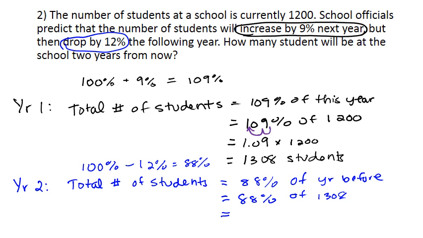88%, we're going to write it as a decimal by dividing by 100. So we move the decimal over twice and we get 0.88 times 1,308. So we're going to multiply those.